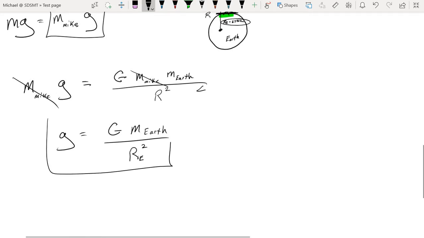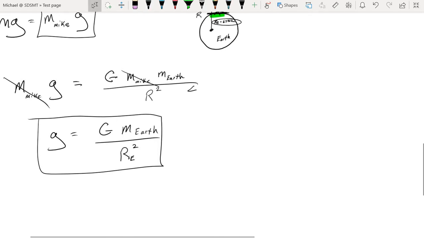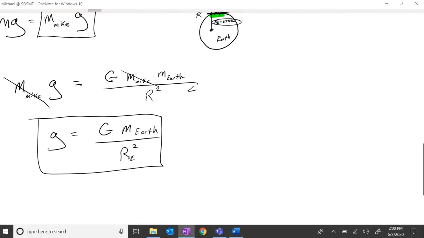And so this is why the value of little g is used exclusively with all of our problems that involve physics that are occurring at or near the surface of the Earth.